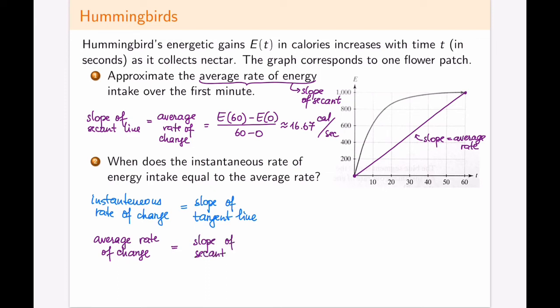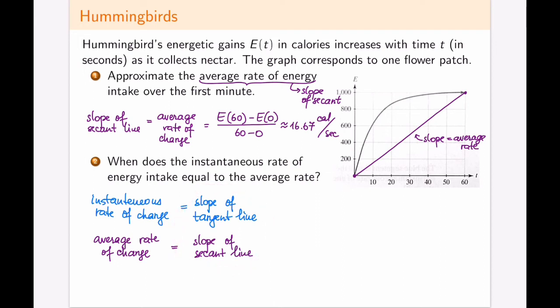Now the slope of the secant line we already computed, right? It's 16.67, and it's this line right here. So if the slope of a tangent line, the instantaneous rate of change, is to equal the slope of the secant line, the average rate of change, the slopes being equal means that the two lines we're looking for are parallel. So this is a very important connection.